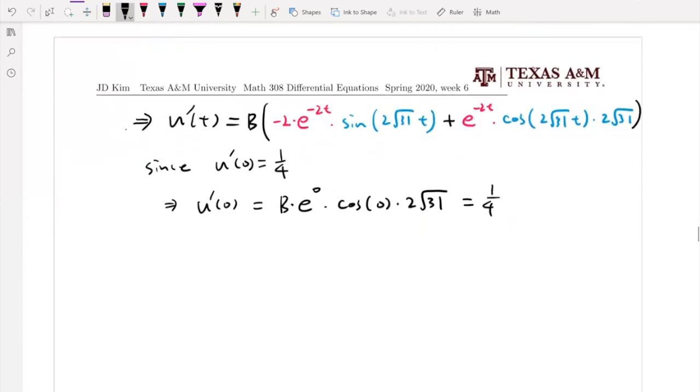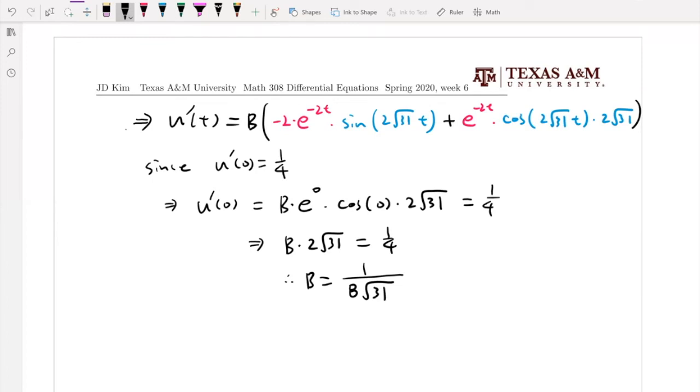Which means b times 2 square root of 31 equals 1/4. Then my b is 1/8 square root of 31. You can rationalize the denominator, but I don't care about that.